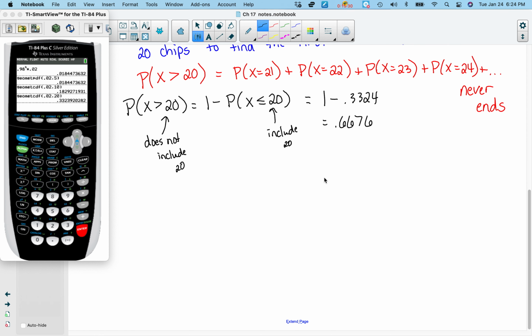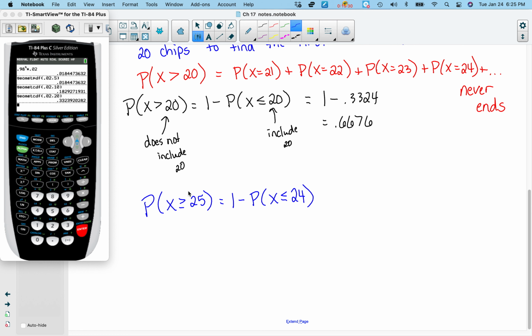Now, and I'm not even going to do this in context, but suppose I wanted to know the probability that x was greater than or equal to 25. Well, CDF requires it to be less than or equal to. So if I were going to do this, subtract from 1, and I'm going to actually put 24 here and then talk about why.